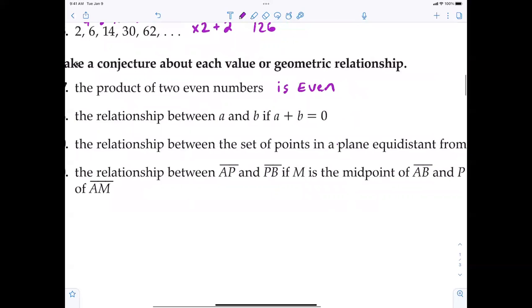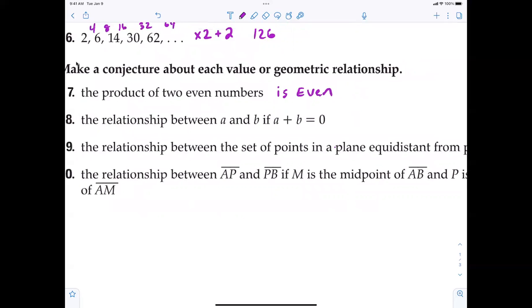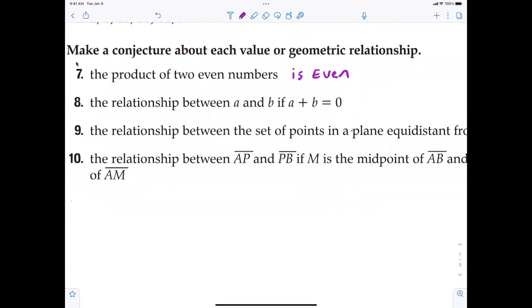Now, you're supposed to give a counterexample if it's false, right? Is there two even numbers multiplied together that you can think of that's not even? And the answer would be what? No, I don't think so. Agreed?